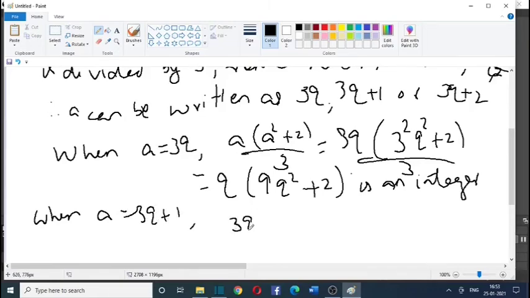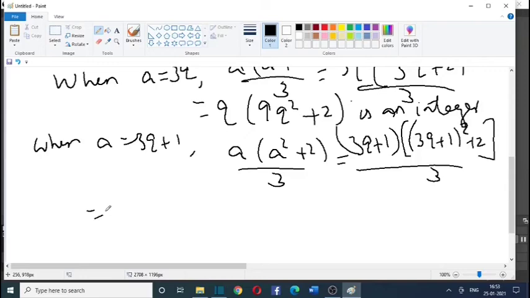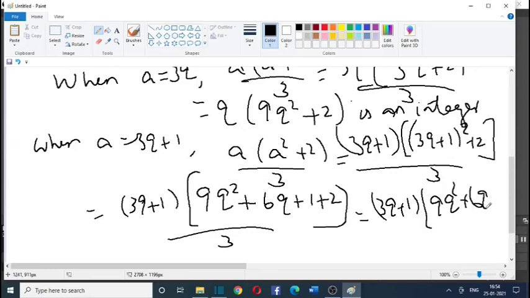So a into (a square plus 2) by 3 is equal to (3q plus 1) into ((3q plus 1) square plus 2) all divided by 3, which is equal to (3q plus 1) into, this is (3q plus 1) square is 9q square plus 6q plus 1, plus 2, divided by 3, which is equal to (3q plus 1) into (9q square plus 6q plus 3).